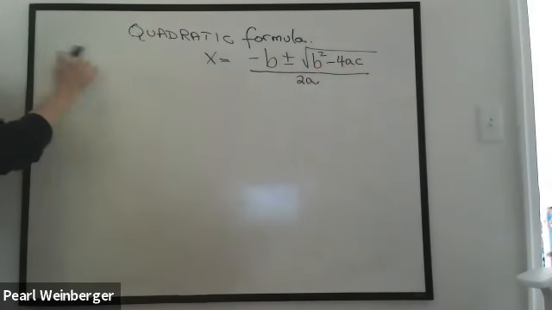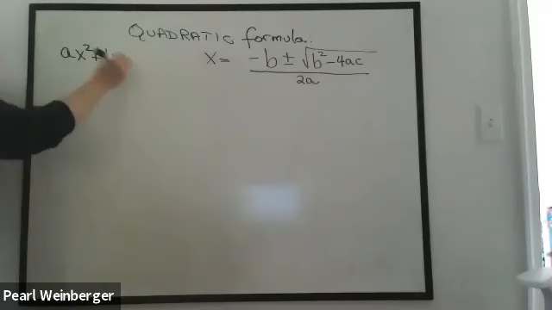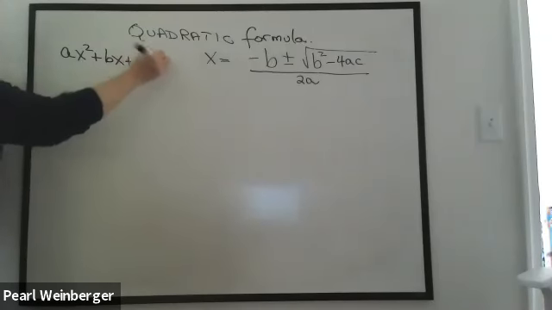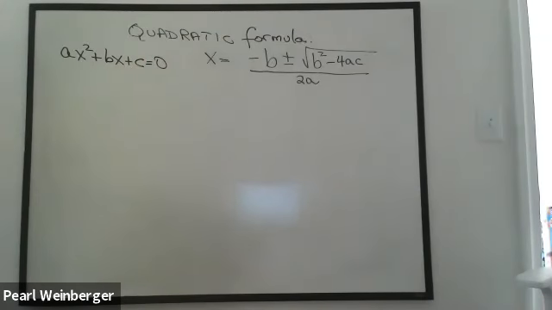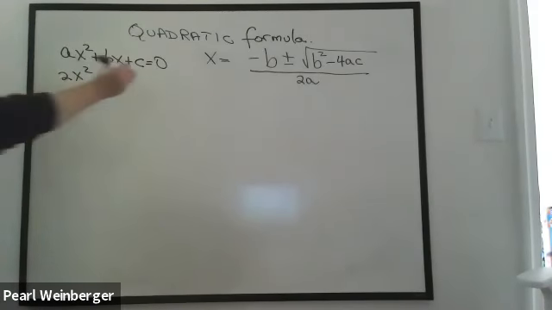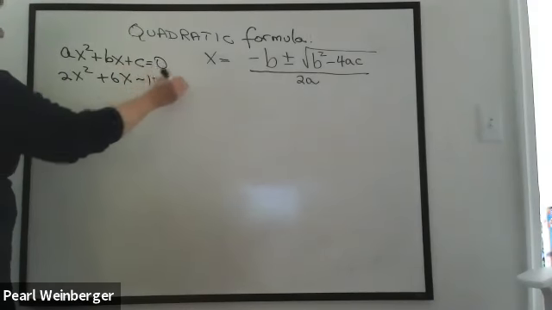Well, if you write any quadratic equation, it can be written in the form of ax squared plus bx plus c equals 0. In other words, if I have the equation 2x squared plus 6x minus 1 equals 0, here's an example.